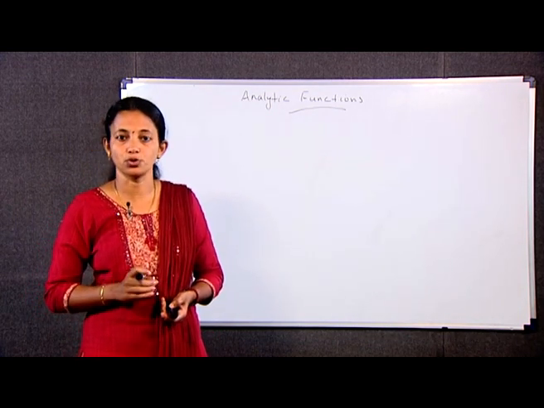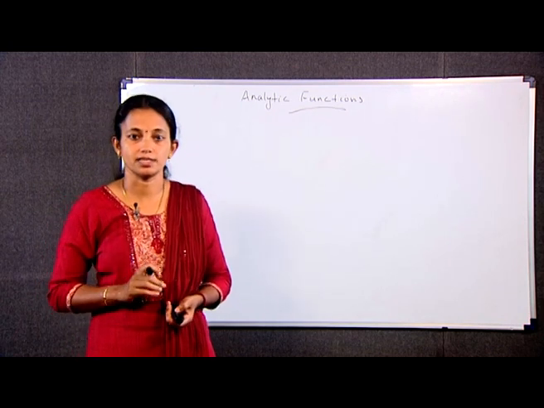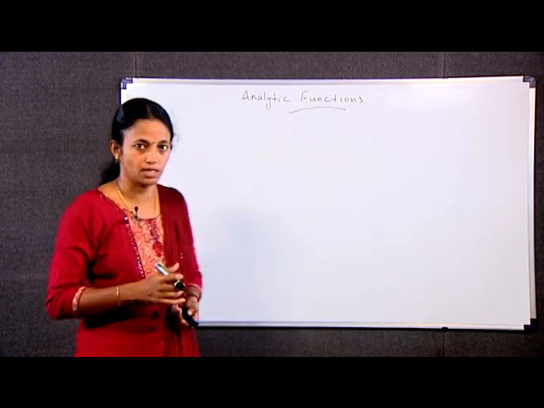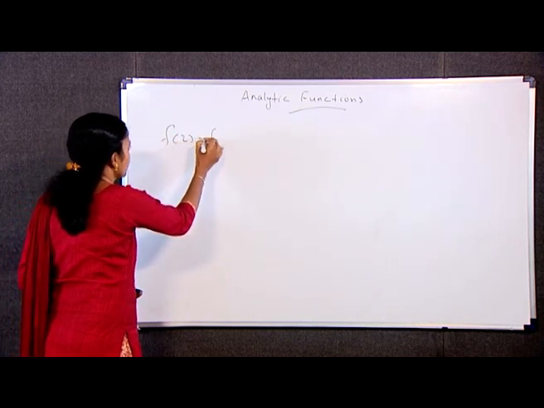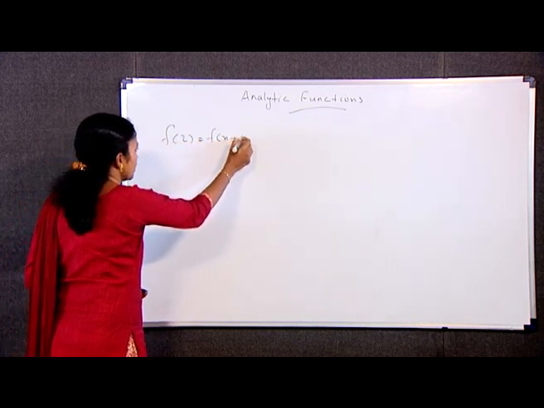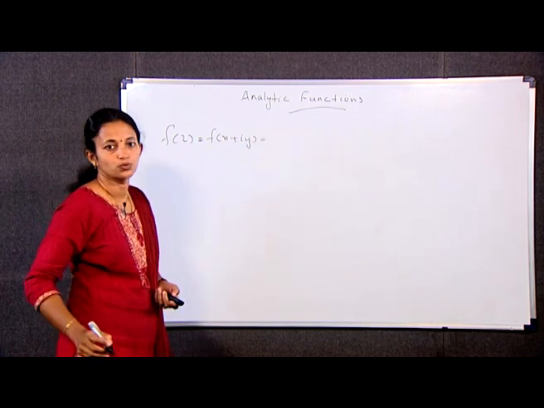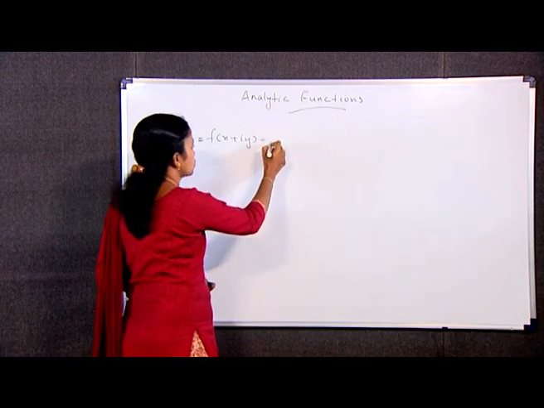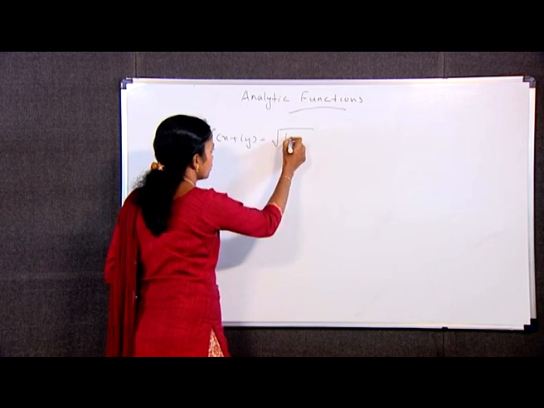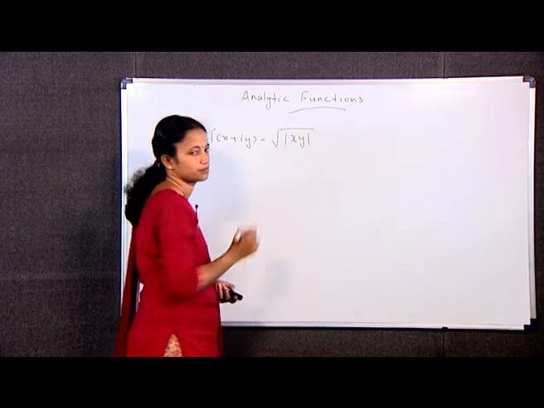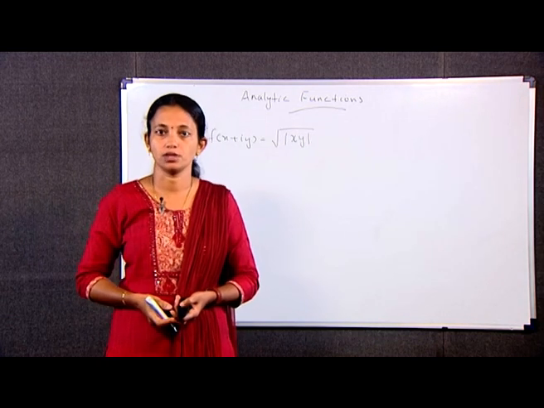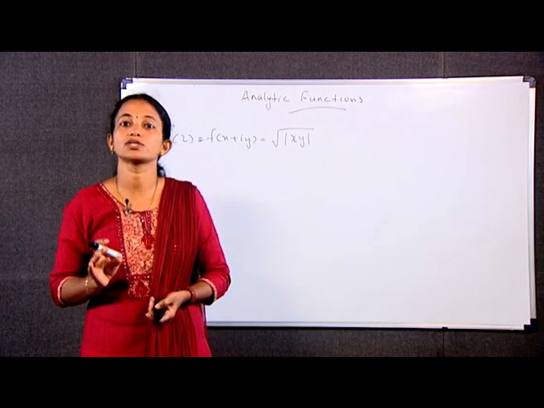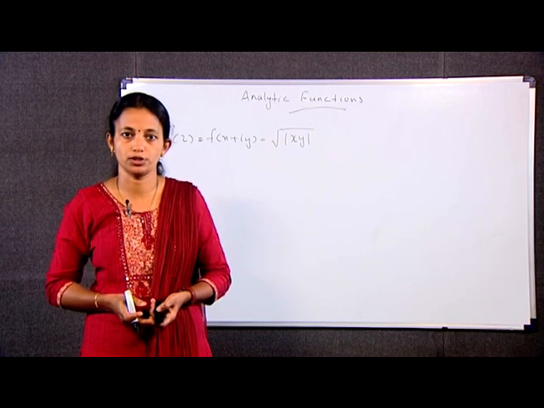Now, we have to show using the two-path test that the function f(z) is equal to f(x plus iy), which is equal to the square root of mod xy, is not analytic at the origin, even though the Cauchy-Riemann equations are satisfied at that point.